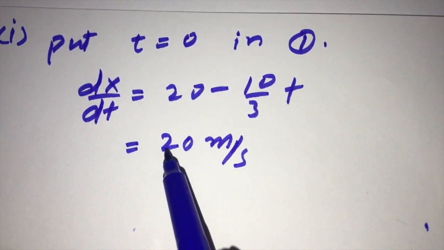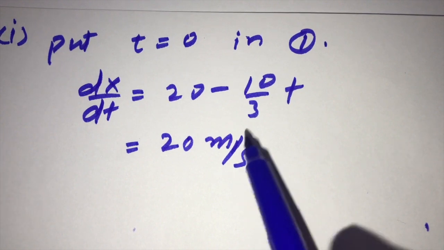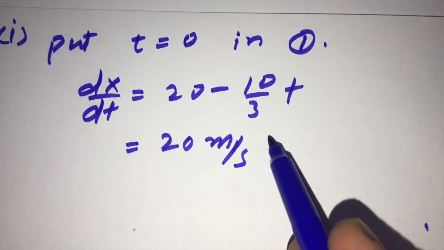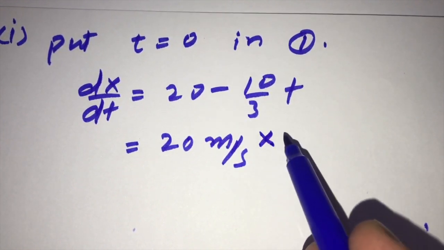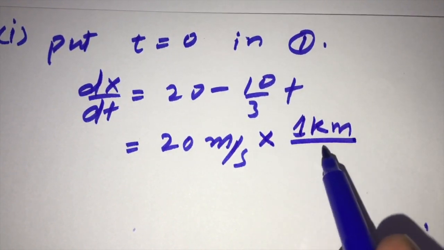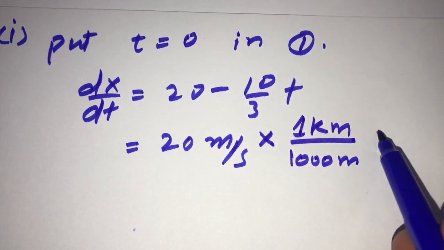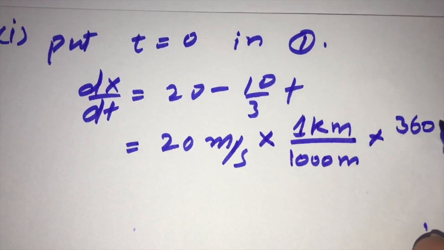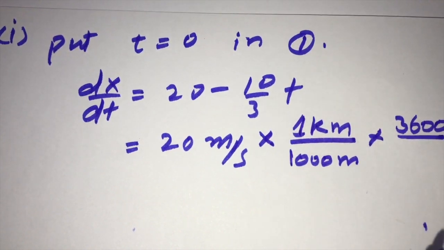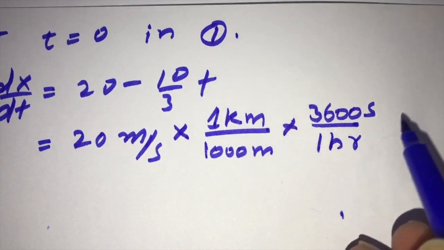In order to convert the 20 meter per second into kilometer per hour, we multiply, as 1 kilometer is equal to 1000 meter and 3600 seconds is equal to 1 hour.